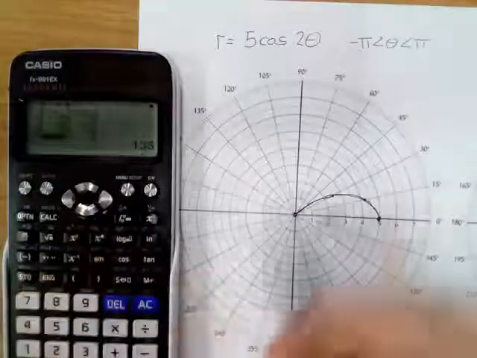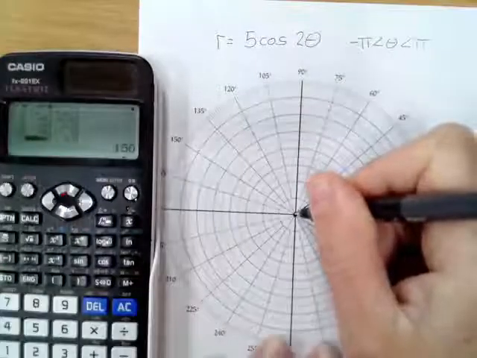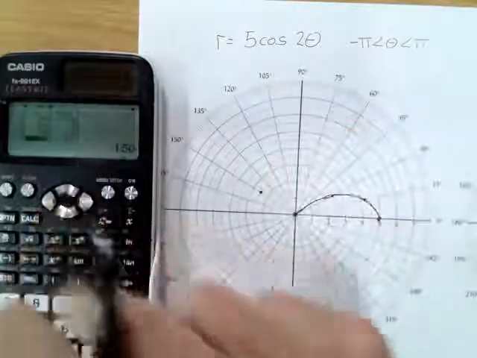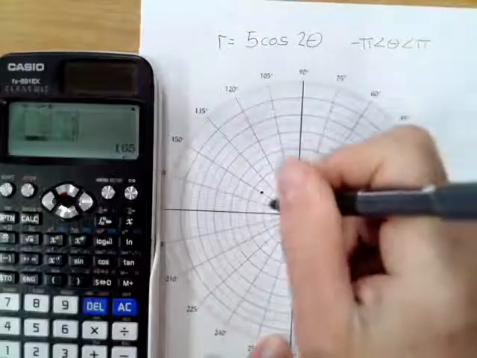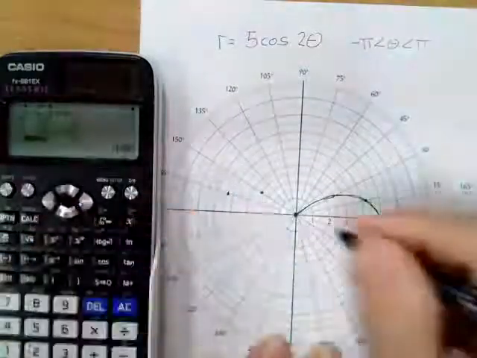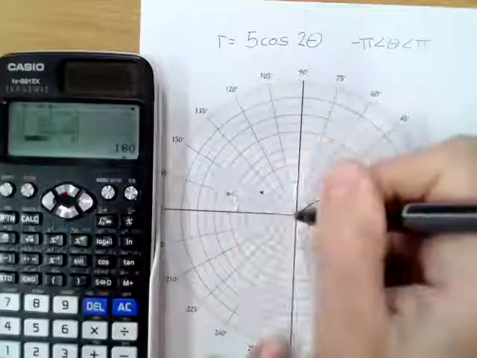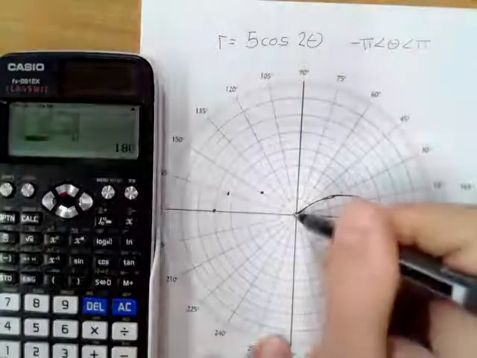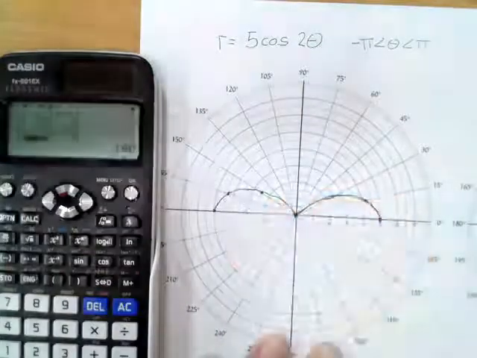So I continue on now. 135 is on the origin. 150 is 2.5. You see these numbers are just the same as the ones before. 165 is 4.3. And then 180 is 5, which is there. 1, 2, 3, 4, there. And if I plot that little section, it looks like that.